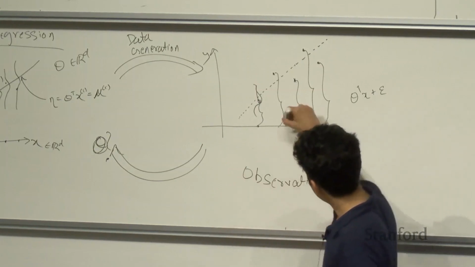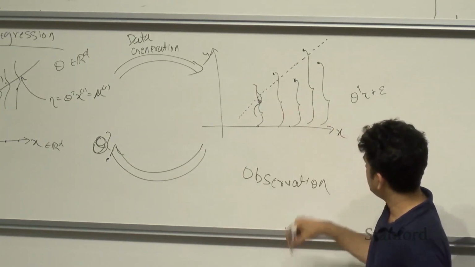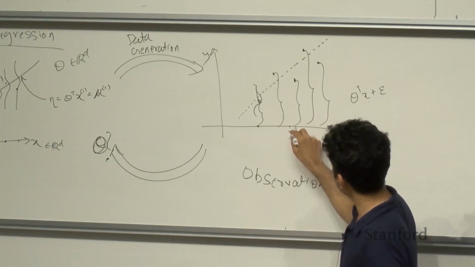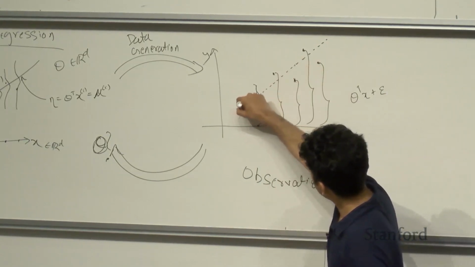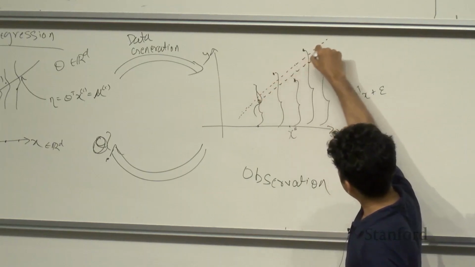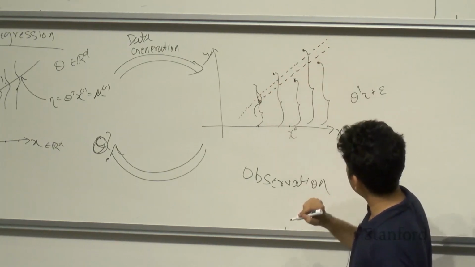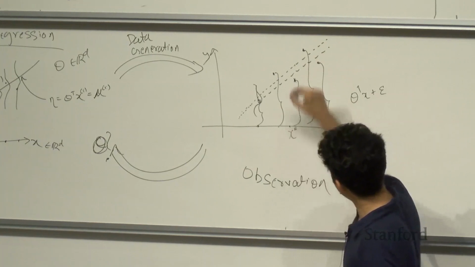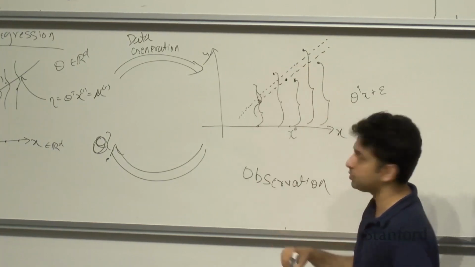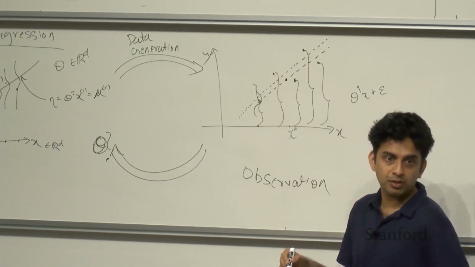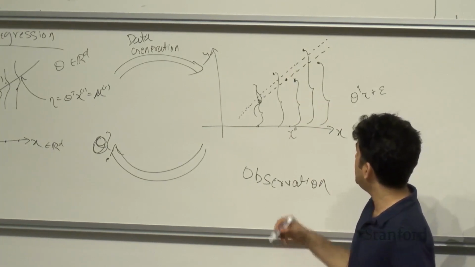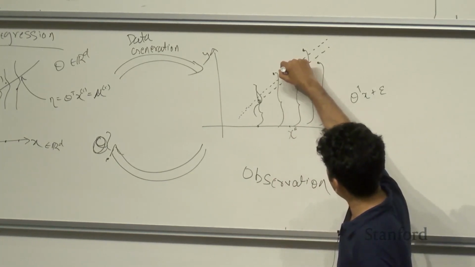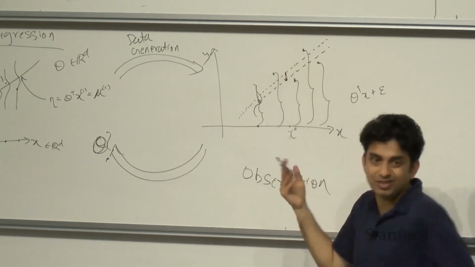For example, if there is a new test example x star, and our model learned this other line to be the hypothesis, then it's going to say this is your prediction. In general we are interested in what this gap is.